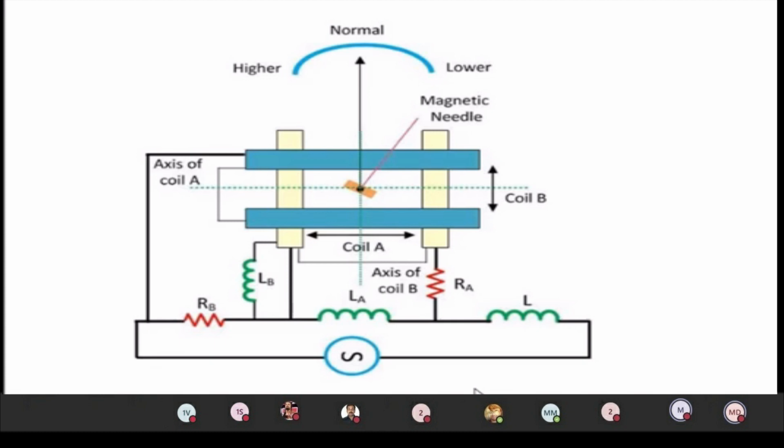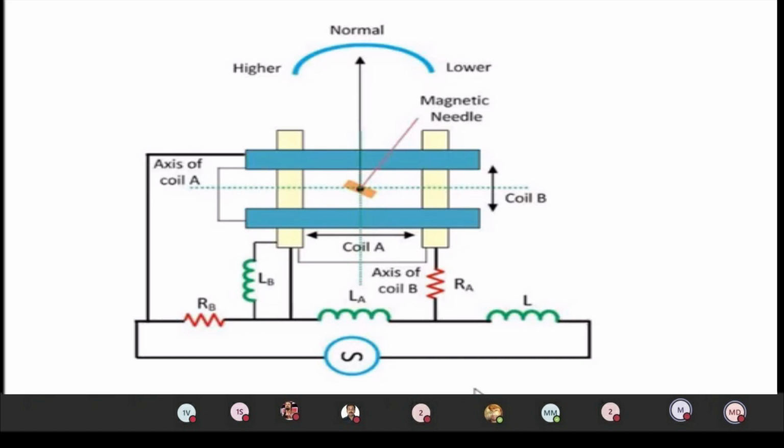Hence, equal current will flow through coil A and coil B, and equal magnetic field strength will be produced. If both magnetic fields are equal, the needle will point exactly at 45 degrees, which we term as normal frequency.